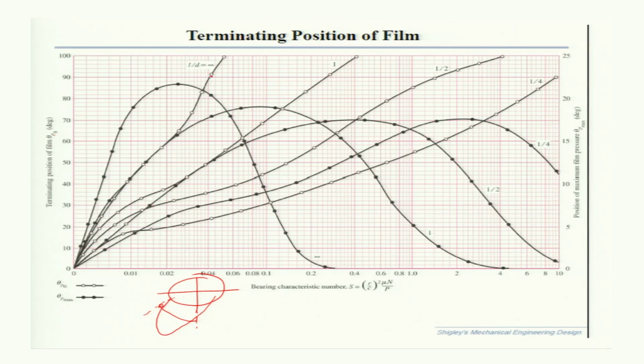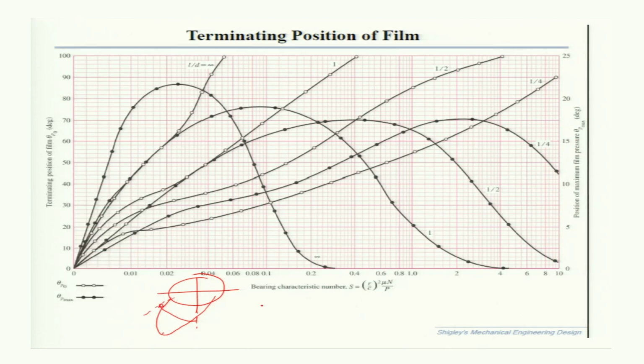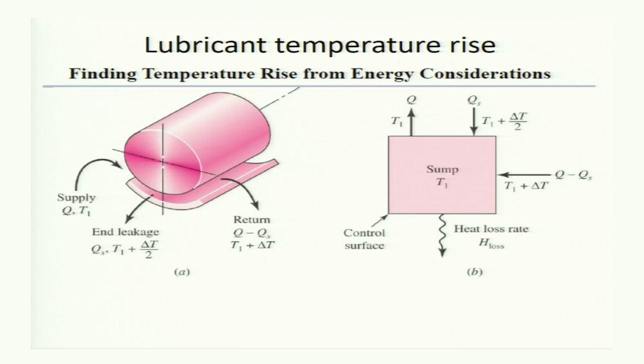Knowing the L by D ratio, you can get this theta P0, and along this axis is the position of maximum film pressure. So along this is the P maximum, and this angle you can also obtain from this diagram.